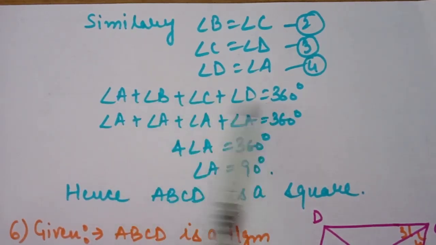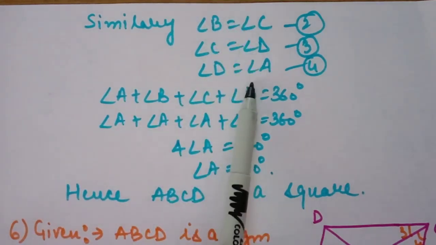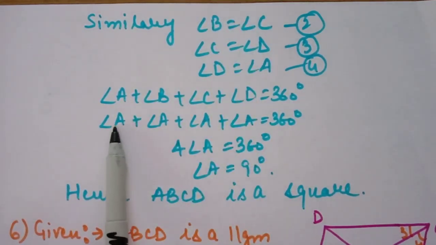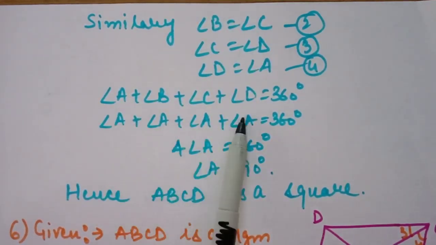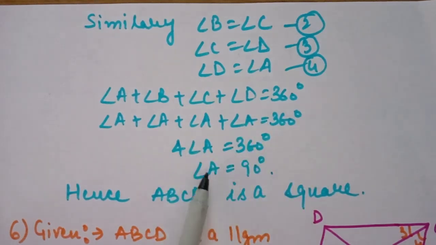Now we can replace all four angles with any one angle, so I replace them with angle A. So 4 times angle A is equal to 360 degrees and angle A is equal to 90 degrees. If angle A is 90 degrees, then angles B, C, D are also 90 degrees. Hence ABCD is a square.